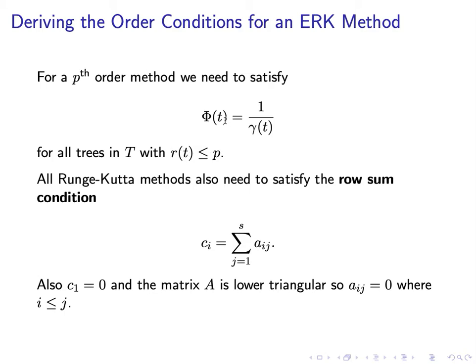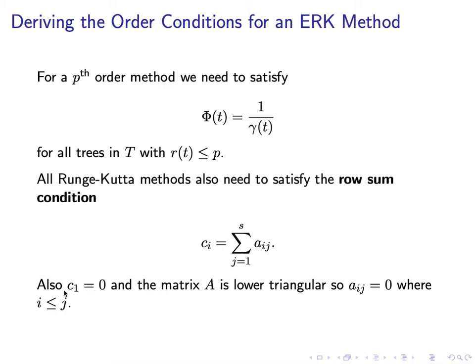So if you have 4 trees in T, we'll have 4 conditions to satisfy. That is in addition to what we call a row sum condition, which means our value of Ci has to be equal to the sum of the values of A from row i.